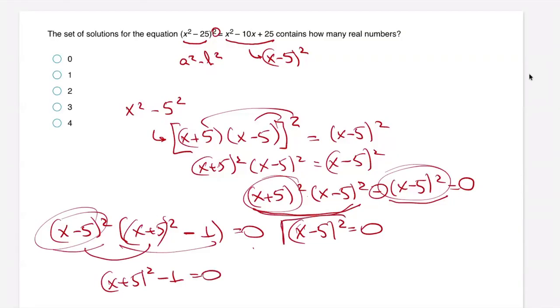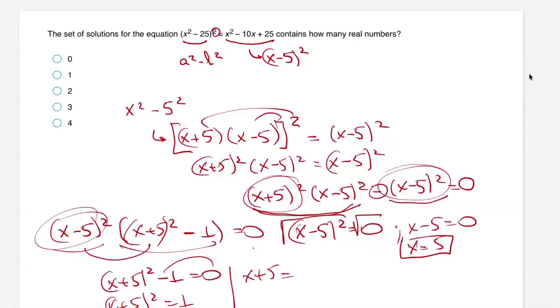Okay, I take the square root here. X minus 5 is equal to 0. Okay? X is equal to 5. I have the first answer. And we pass to the other side. X plus 5 squared is equal to 1.